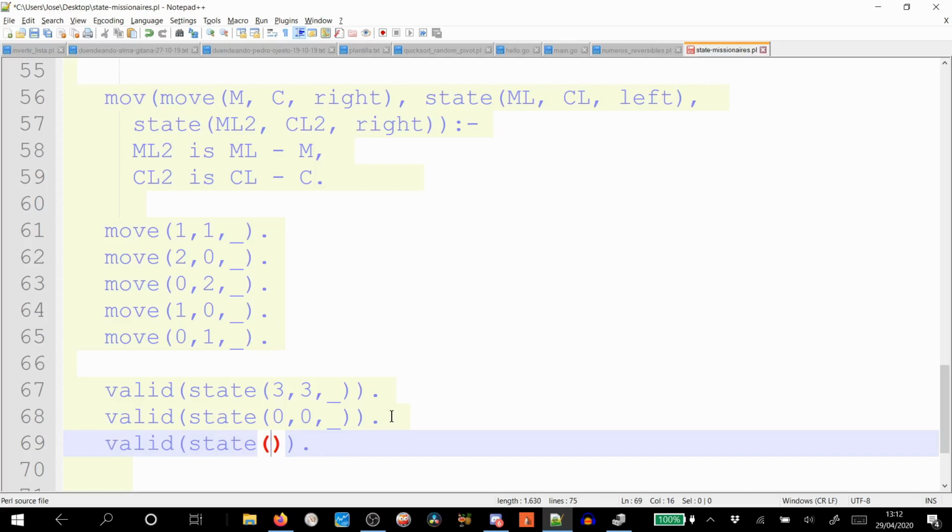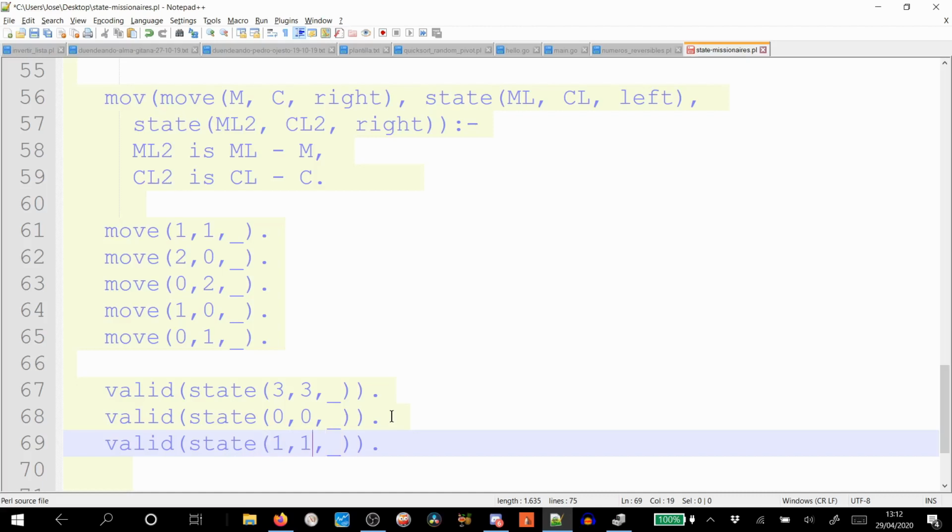It's valid in any case where the number of cannibals is never higher than the number of missionaries. So, for example, 1 missionary and 1 cannibal on the left.